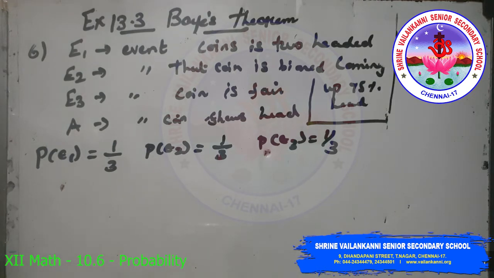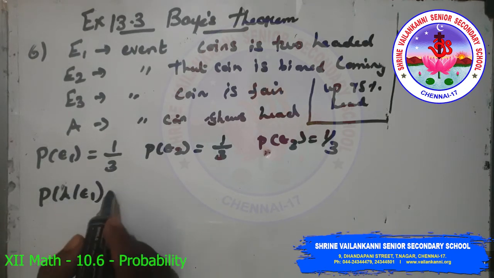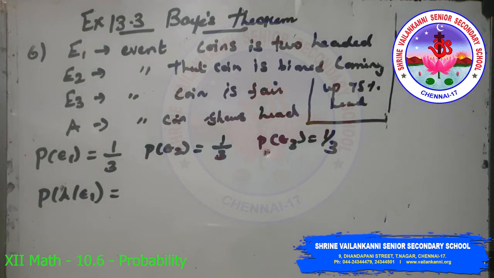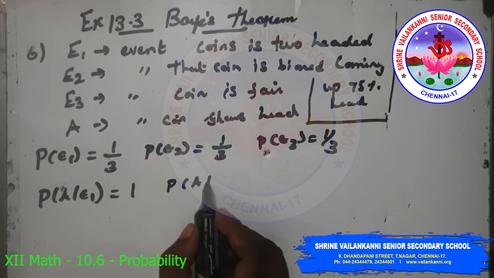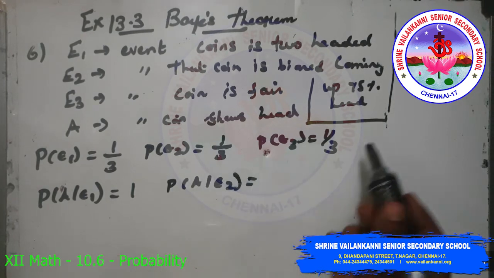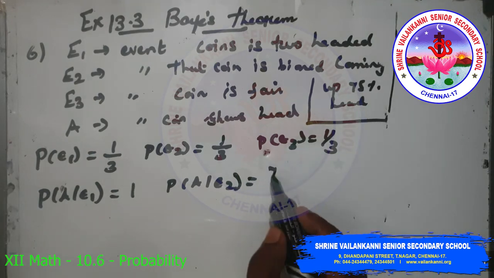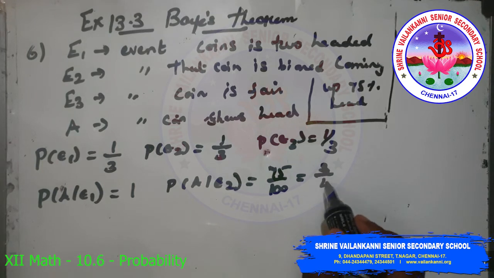P of A by E1, that is the coin shows head from event E1. E1 is the event that the coin is two-headed, so P of A by E1 is 1. Then P of A by E2, in which we are getting 75% of head, so 75 by 100, which is 3 by 4.